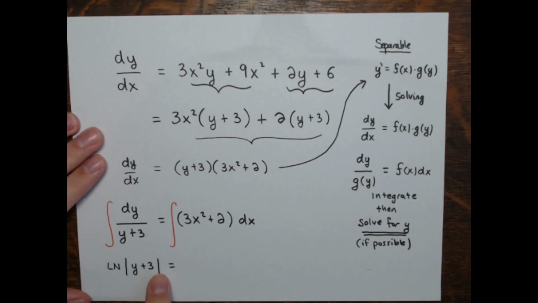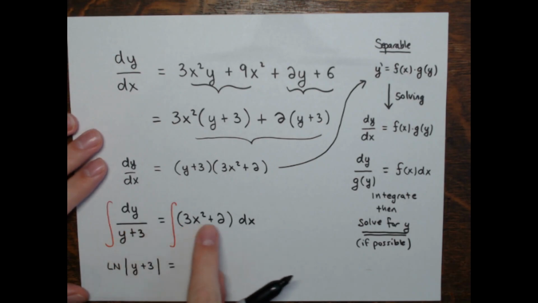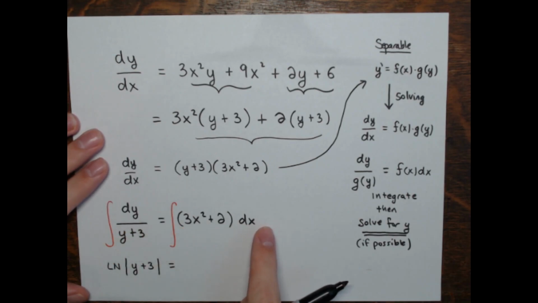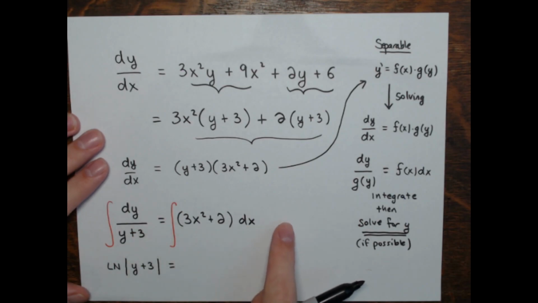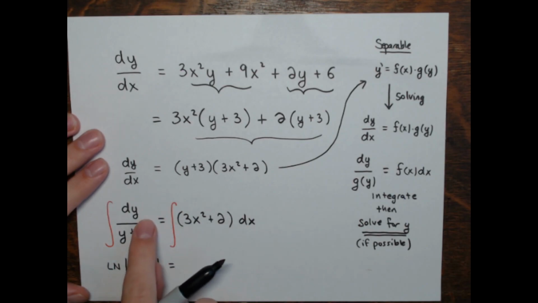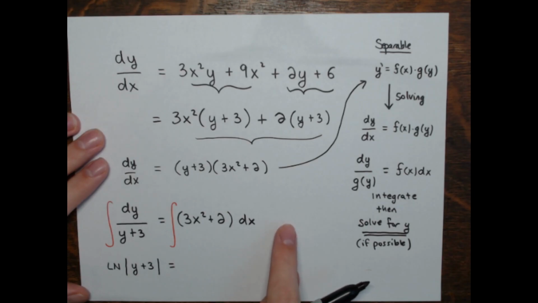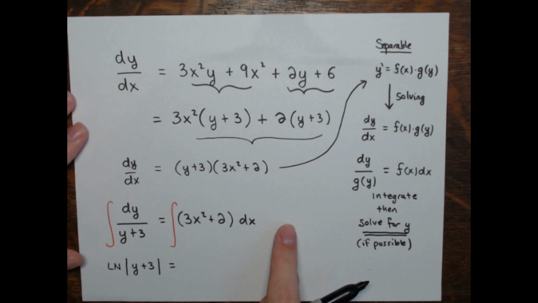Now I could put plus some constant here, but if I put plus constant on the left and plus a constant on the right, you could just subtract one of the constants and get a simple constant on one of the sides, say on the right side. So you don't need to put plus constant on both of these, right? Just one of them will suffice.